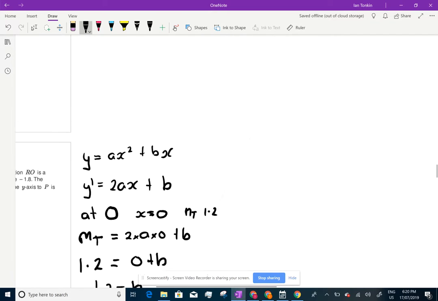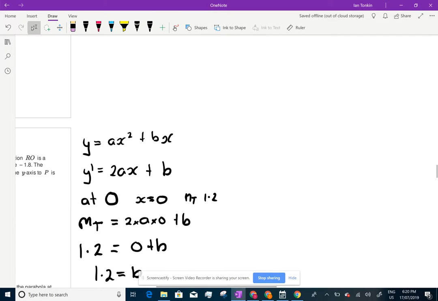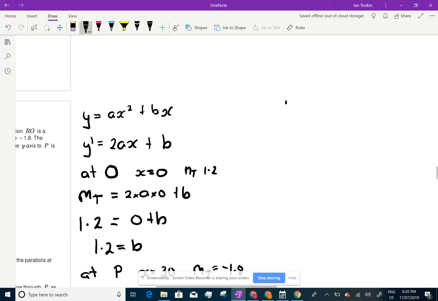So my equation now of this is negative 0.05x squared plus 1.2x. That's the equation. We'll just quickly differentiate that again, because we're going to need to.